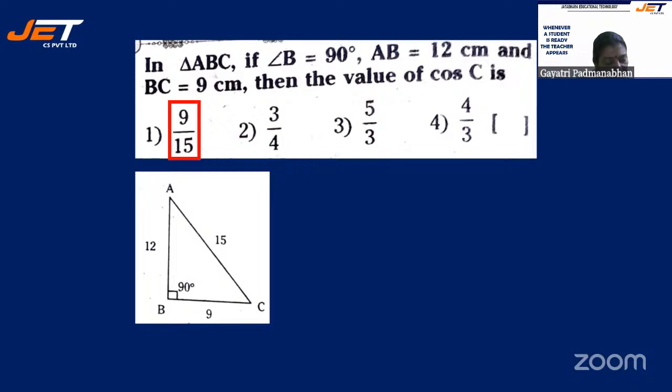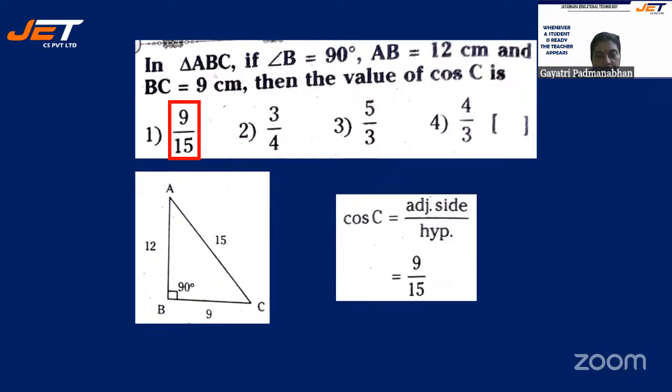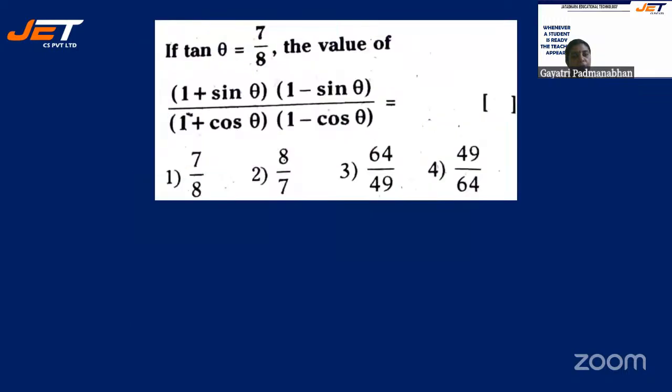So the angle opposite, whatever it is, opposite to angle 90 degrees. Okay, so now they are asking us to find out cos C, which is adjacent side by hypotenuse. Right, so adjacent side is 9, divided by 15 is the hypotenuse.